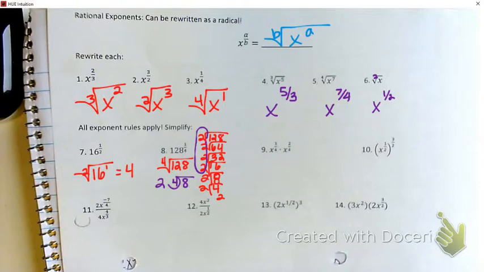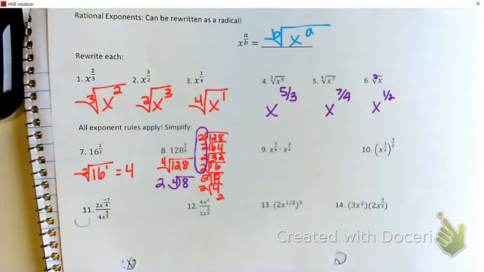So on number 9, what's being done? You're multiplying these two things together. Because you're multiplying, what do we do to the exponents? Add them. Okay? Sometimes the adding is going to be easy and sometimes it's not. It depends on if the common denominators are the same. So I want you to get in the habit of putting this in the calculator, okay?